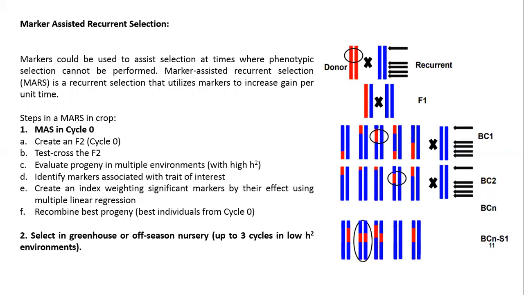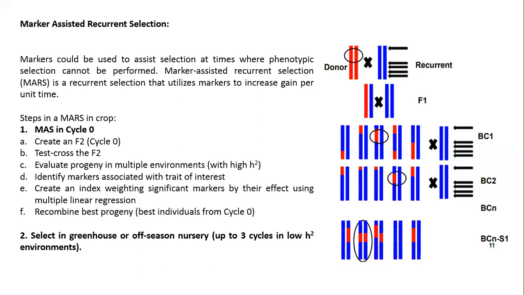Where phenotypic selection cannot be performed, we use marker assisted recurrent selection. Generally, when we use recessive traits, the recessive trait is not expressed in the phenotype, and thus it is impossible to select these recessive traits with phenotyping, and thus we use marker assisted recurrent selection.